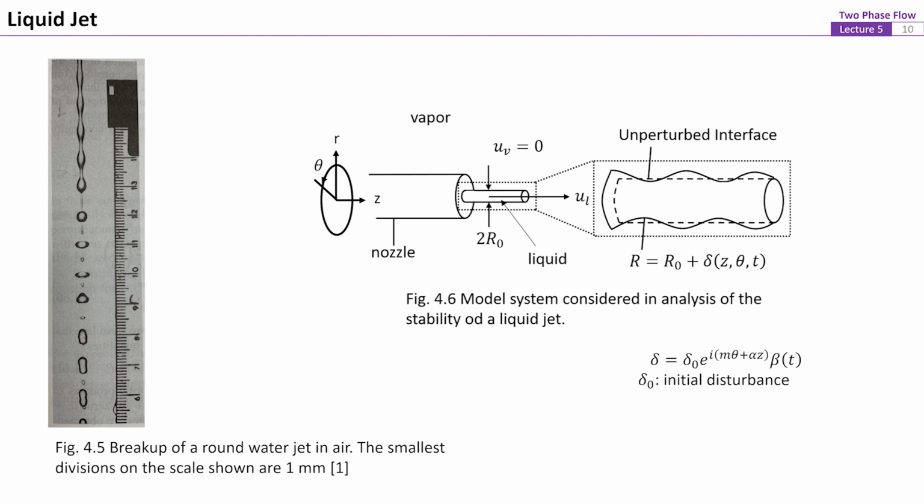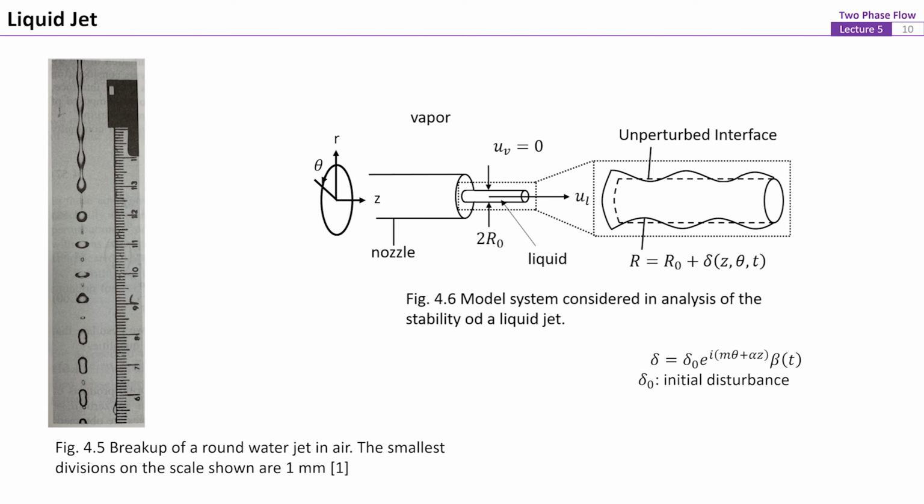This phenomenon is important to many engineering applications, including fuel jets in combustion engines, spray cooling, sprinklers, and the breakdown of liquid columns or films into dispersed flow in convective film boiling in tubes.